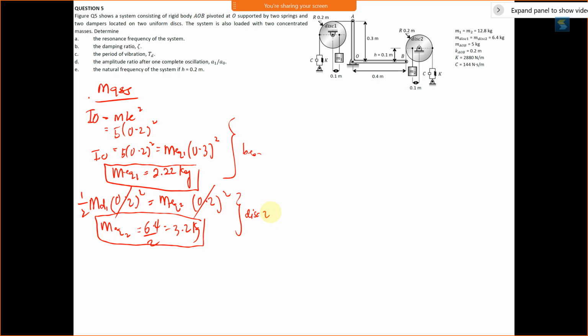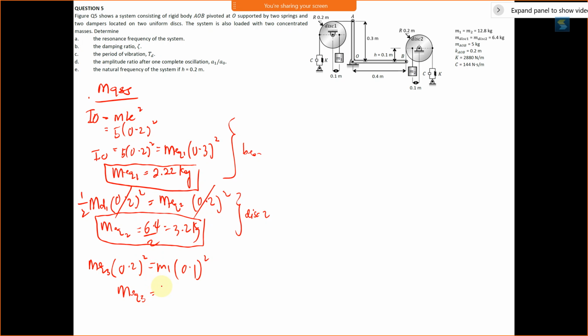And then next adalah we transfer M1. Alright, M1 adalah same. We taking our pivot dekat point D, this kat sini. Then M equivalent 3 times with 0.2 square equals to M1 times 0.1 square. Then over here kita akan dapat M equivalent 3 as M adalah 12.8 lah.